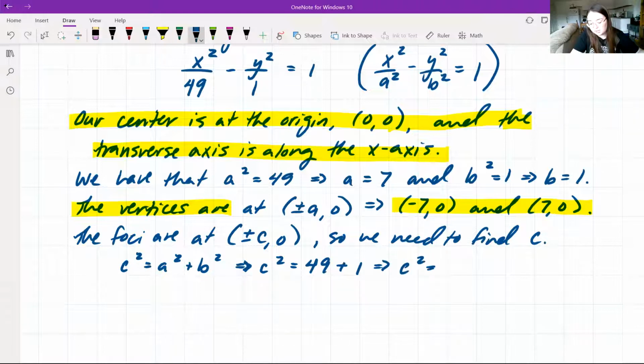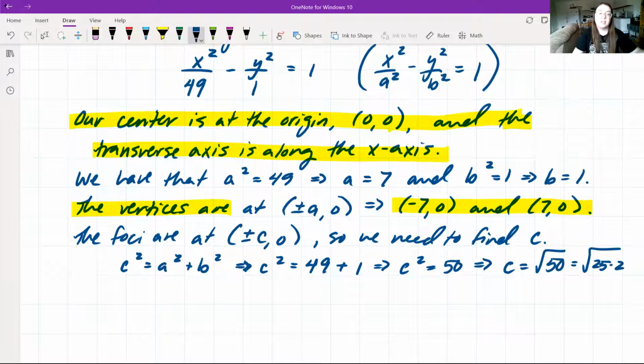So c squared is equal to 50, which if we take the square root of 50, gives us that c is going to be equal to 5 times the square root of 2, which is the same thing as the square root of 50. Since the square root of 50 is equal to the square root of 25 times 2, we can take out the 25, since 25 is 5 times 5, so we're left with 5 times the square root of 2.